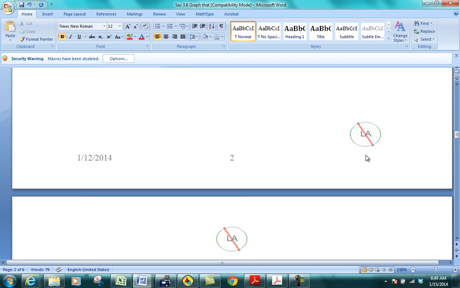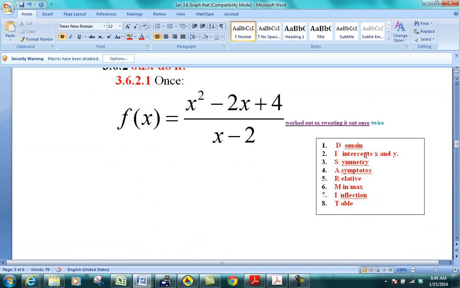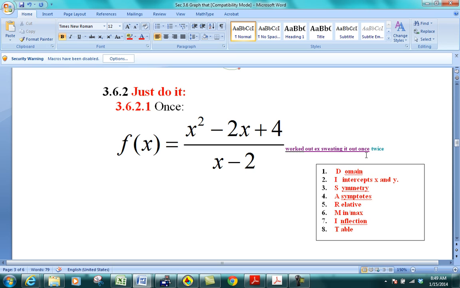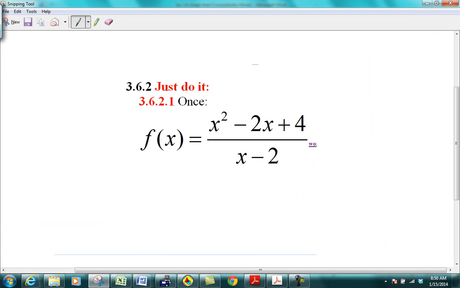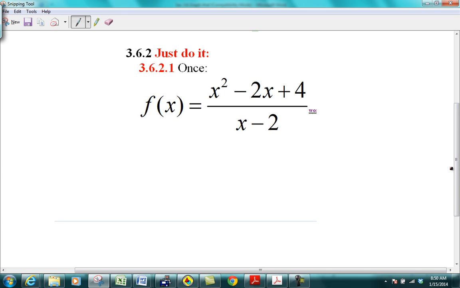Okay, we're going to do this problem here: x squared minus 2x plus 4 divided by x minus 2, and you need to really organize this in a way that's easy for me to grade and also for you to see. So part number 1, and this is what I want you to do, is I want you to number the steps.